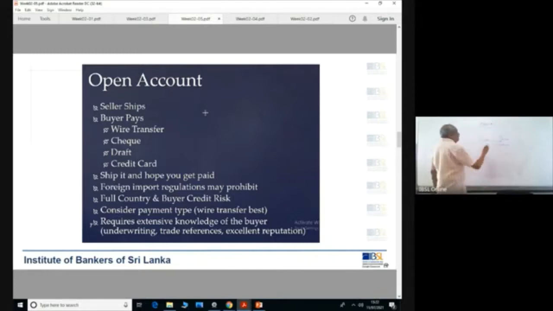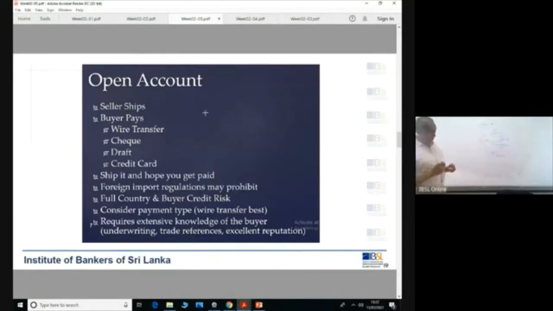Right? Then the seller will send the goods. Number one, first step, the seller will ship the goods. Then the buyer will do the payment. Once they receive the goods, number two, the buyer will do the payment.